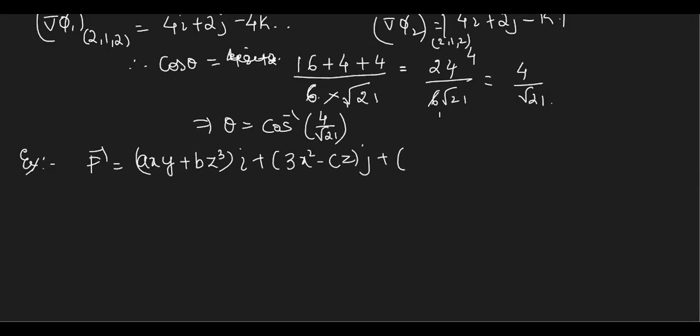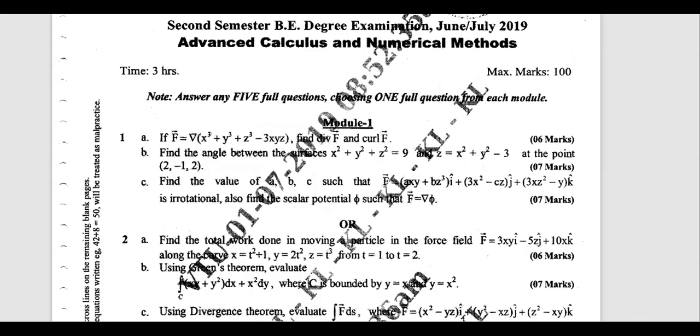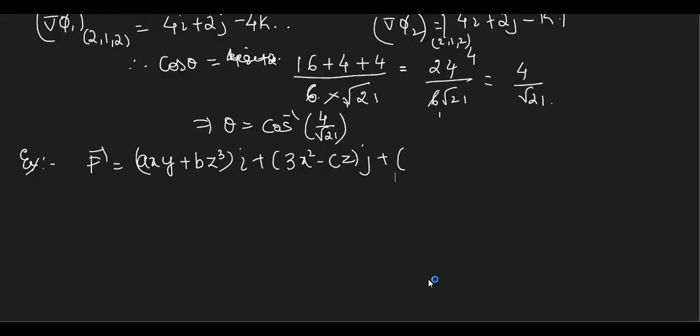Third, the coefficient of k: 3x z square minus y. Yes, this is my f. What they have given is that this field is what, solenoidal or irrotational? Irrotational. So this given f is irrotational. So if irrotational, then what is the condition?